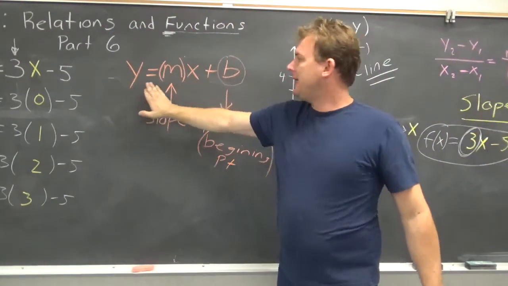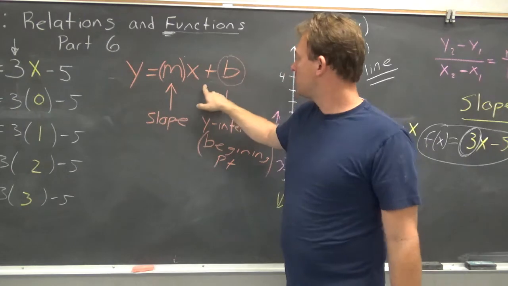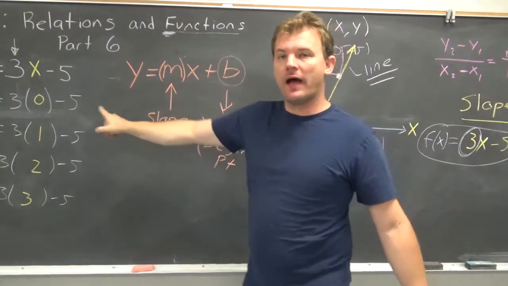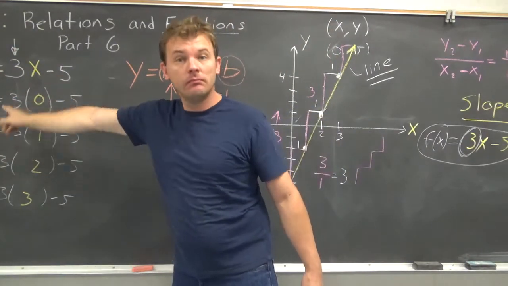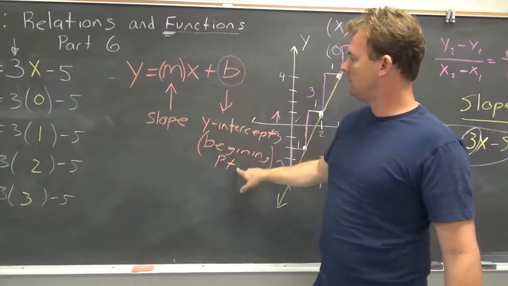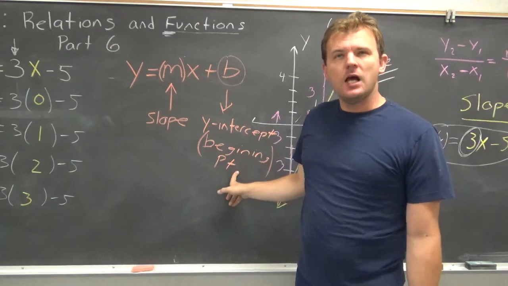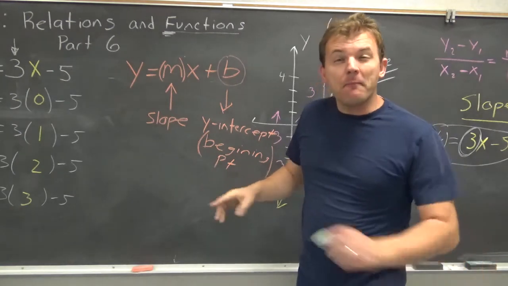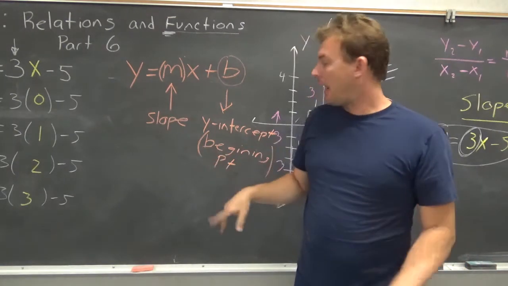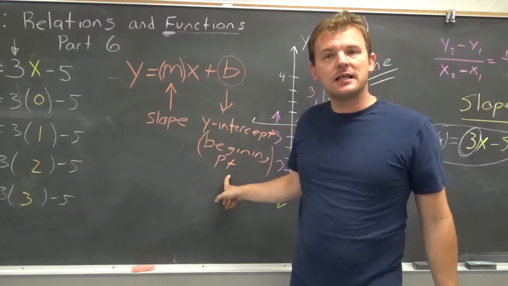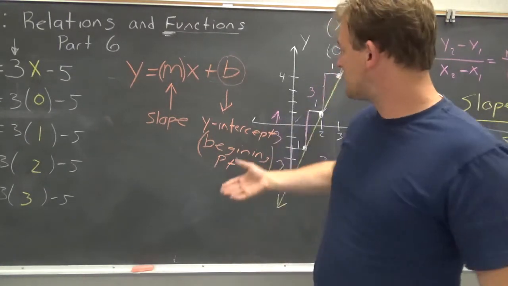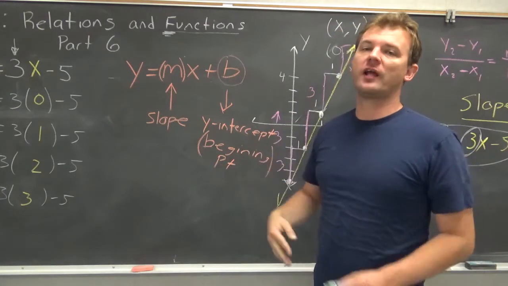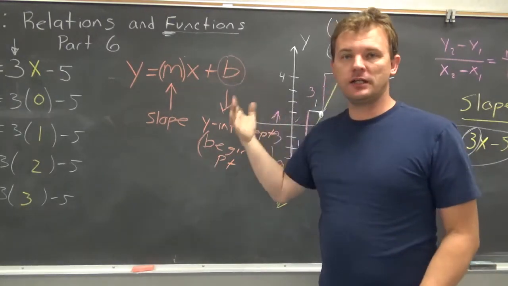So y equals mx plus b. M is your slope. That was our 3 in our equation. The b is our beginning point. So remember when you took out that $1 million, that was your beginning money because that's somebody that you had to borrow. That is where you start. And that's the whole thing about this. So that equation is what we're going with.